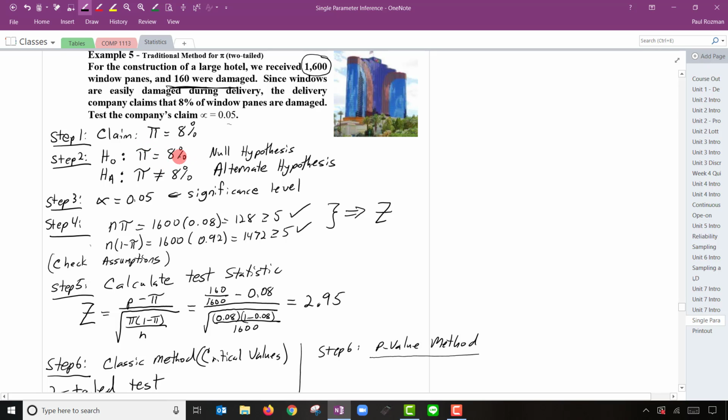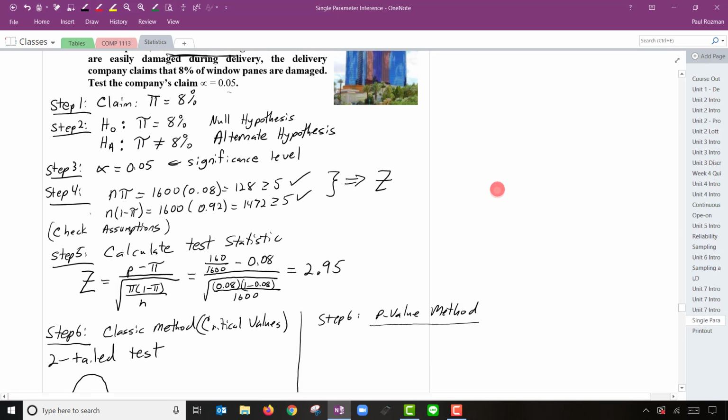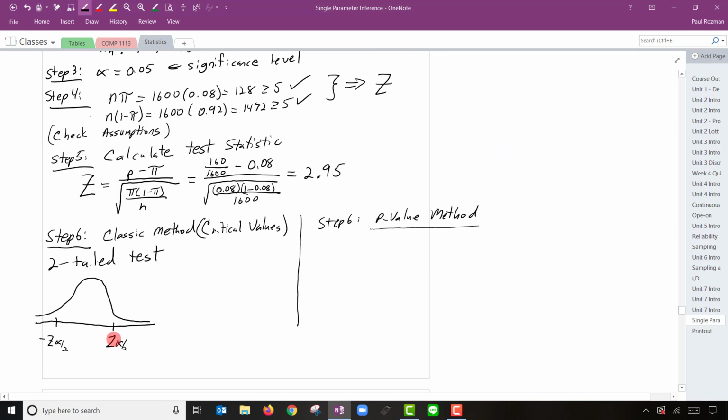Like 1% might be very strange relative to 8%. So there are two conditions that would make us reject this null hypothesis in favor of the alternate hypothesis. And because of that, we'll have a cutoff on each end.